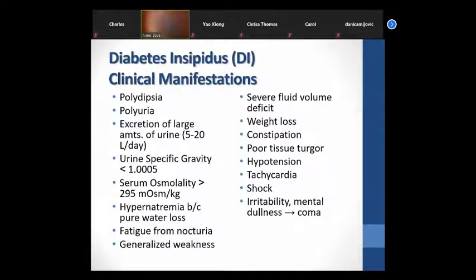Poor tissue turgor, remember that when you pull your skin up, it goes down quickly, right? Hypotension because of the fluid loss, tachypnea related to fluid loss causing the hypernatremia, which is a CNS depressant.